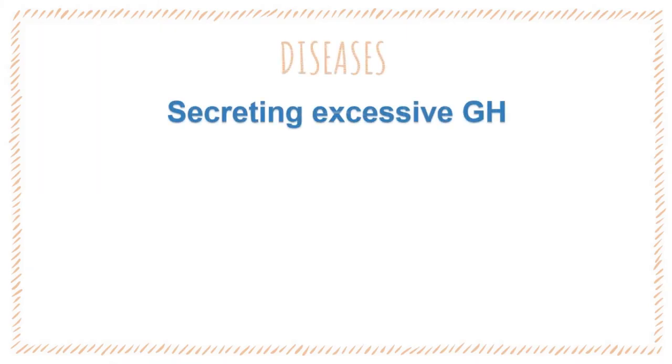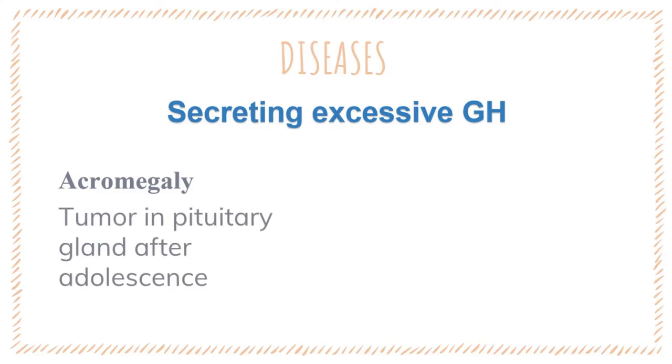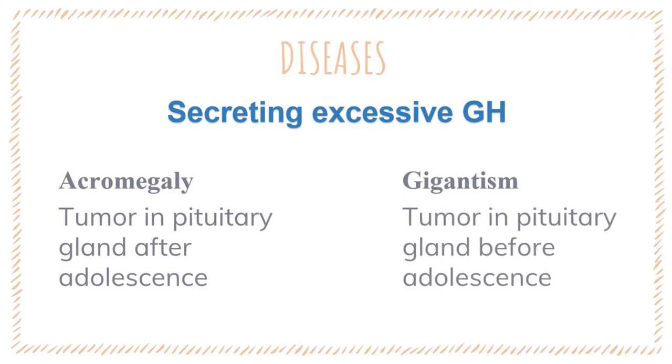Secreting excessive GH causes two popular diseases: acromegaly, a tumor in the pituitary gland after adolescence, and gigantism, a tumor in the pituitary gland before adolescence.